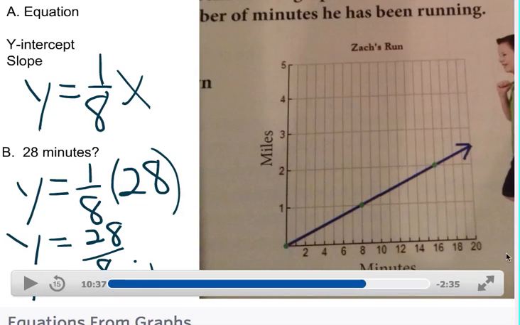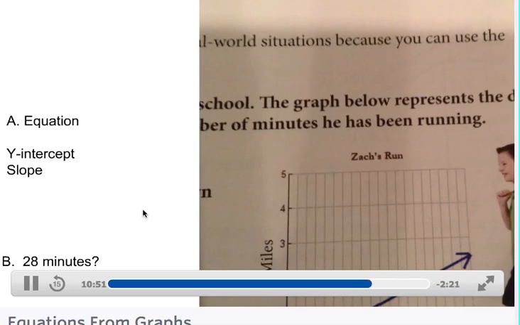Okay, and the last question, C, is kind of the opposite question. If the line went all the way up to 10 miles, it only goes up to 5, but if it went all the way up to 10, how far out would that go? How many minutes would it be? So we're going to rewrite this, or I'll rewrite it. You already have it in your notes.